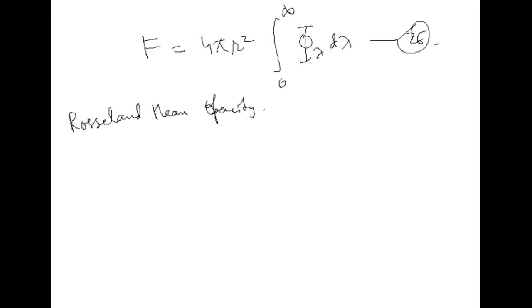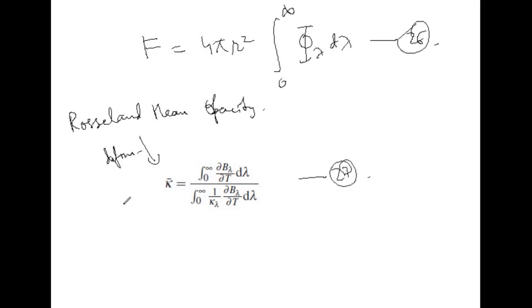This is how we define it, so this is basically a definition, equation 27. With this definition, the heat flux can be expressed in this form.